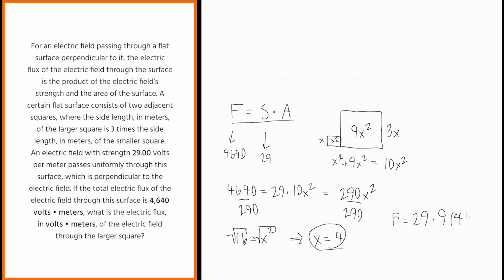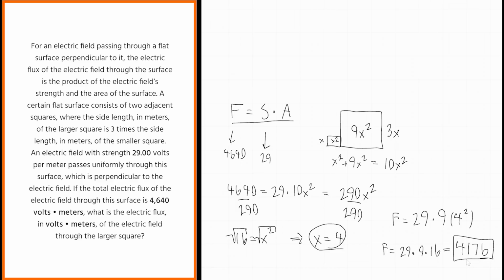So 9 times 4 squared. And if we multiply all this out, we will get that the flux equals 29 times 9 times 4 squared, which is 16. And if we use our calculator to multiply all of these out, we will see it comes to 4,176. And 4,176 is indeed our final answer.